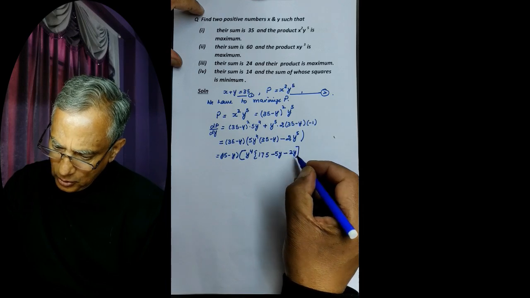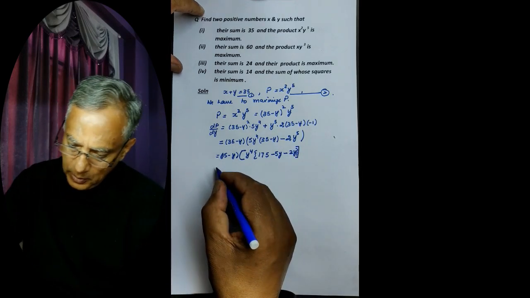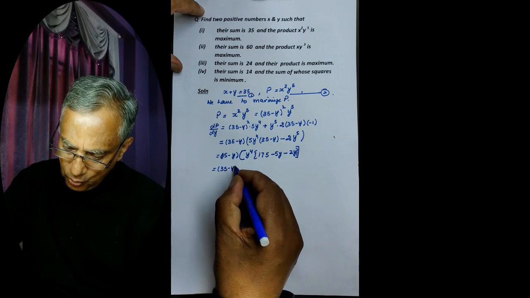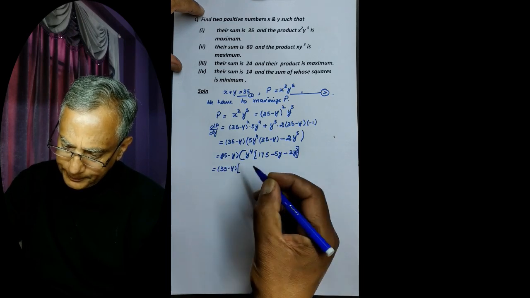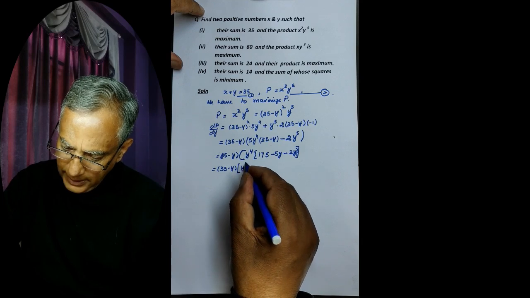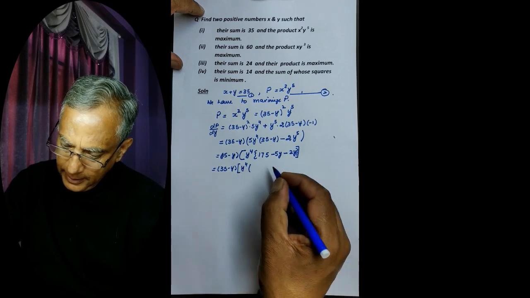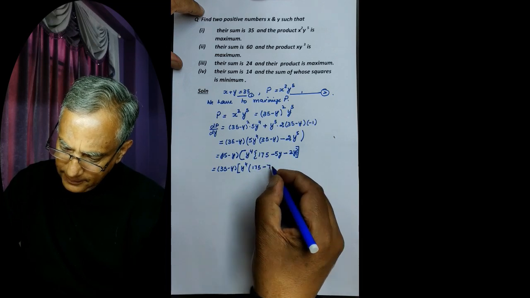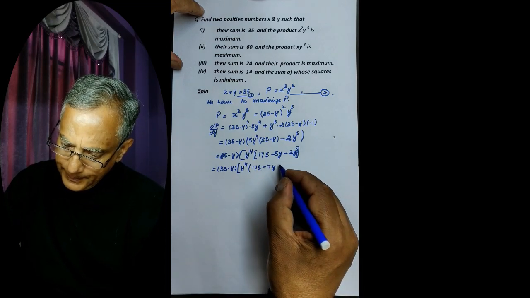So this is equal to (35 minus y) into y^4 into (175 minus 7y).